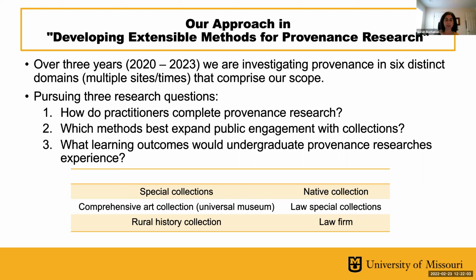For example, we have looked at collections in both museums and in archives. So we are looking at, again, this issue of provenance research is not just done by specialists, but it's also done by any archivist who has a hand in writing a finding aid or contributors to that finding aid, all of whom should be cited by name in the finding aid, because it gives proper credit for that very useful work that they're doing.